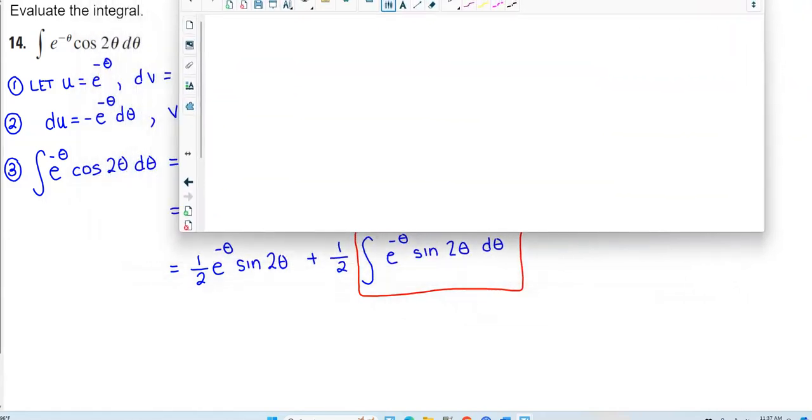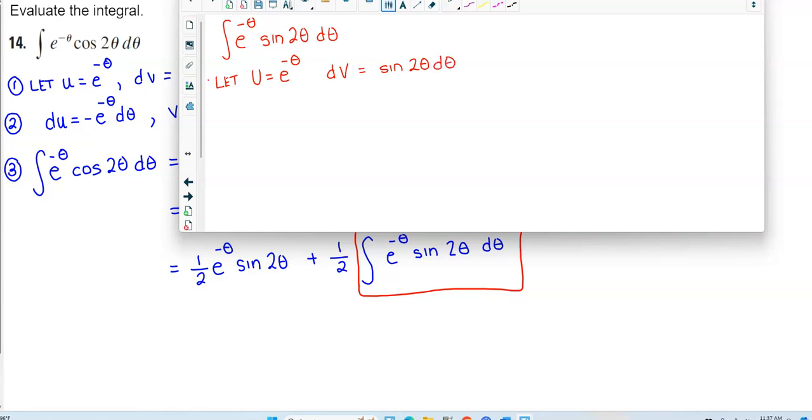So we have the integral of e to the negative theta times the sine of 2 theta d theta. We would let capital U equal e to the negative theta, and capital dV is going to equal the sine of 2 theta d theta.